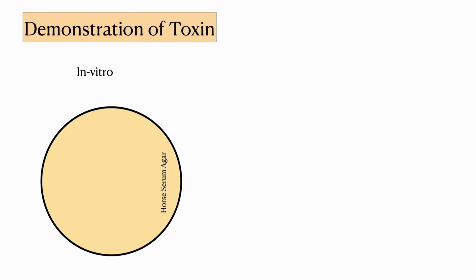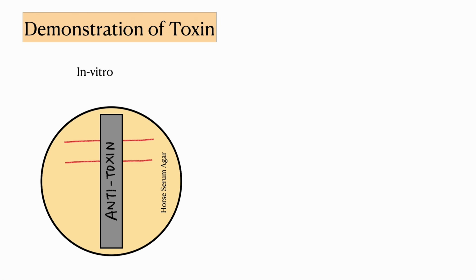We take horse serum agar in a petri dish, and we put an antitoxin-impregnated filter paper strip, and then we take colonies from our cultured colonies and make streaks on this agar, and we label them 1, 2, 3, 4, 5. Then we wait for 24 to 48 hours.